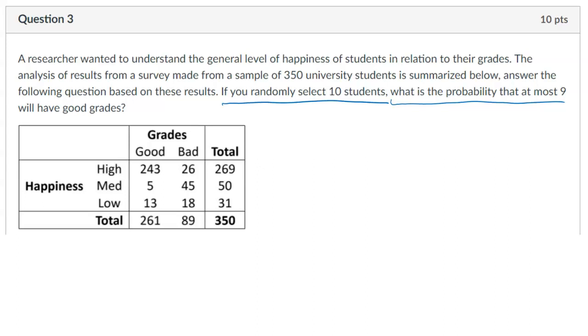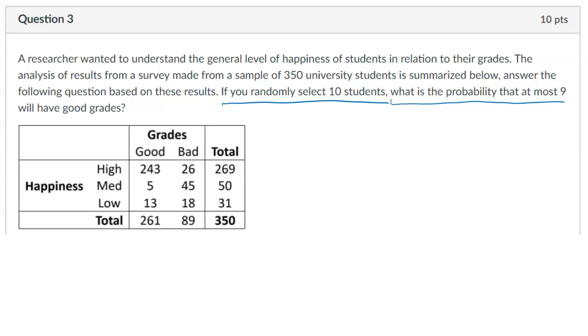Okay. So one way of thinking about this will be a little bit cumbersome. It will be like, okay, what is the probability that I get 0 students with good grades in this group of 10?